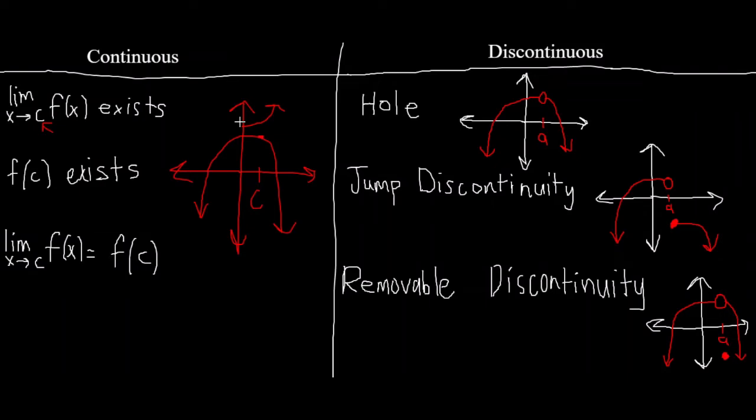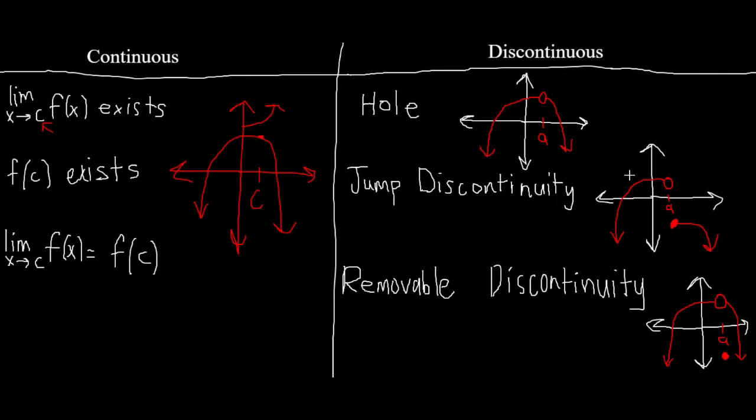Although it's not a function, on the right we can see some discontinuous functions. So first we have a hole. Right here we can see it's continuous for all this time until we get to this hole, which means that f of x is probably undefined at x equals a, meaning that it cannot be a continuous function.